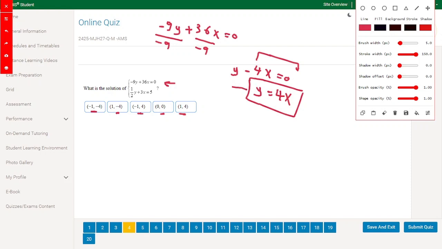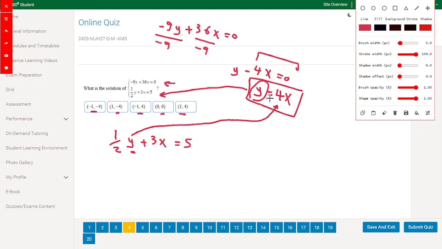So we'll substitute y with 4x in the second equation. We have here half y plus 3x equal to 5. So we'll take y, right? We'll substitute y with 4x because y here is equal to 4x.